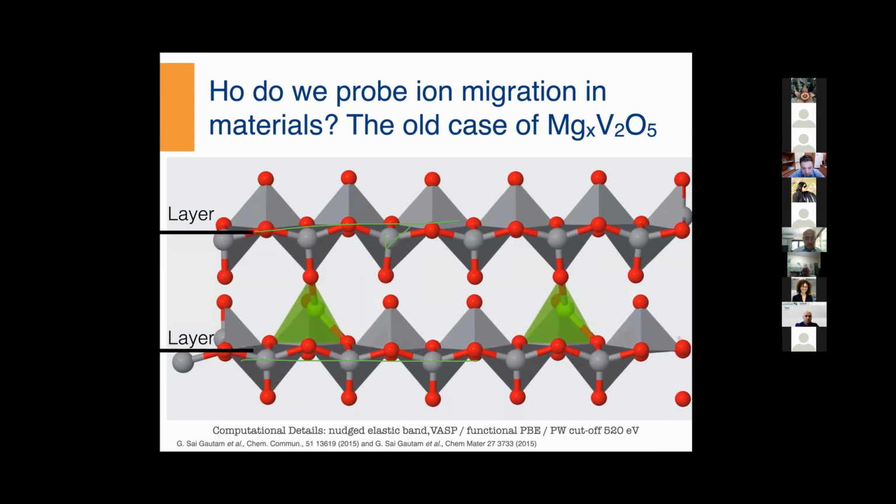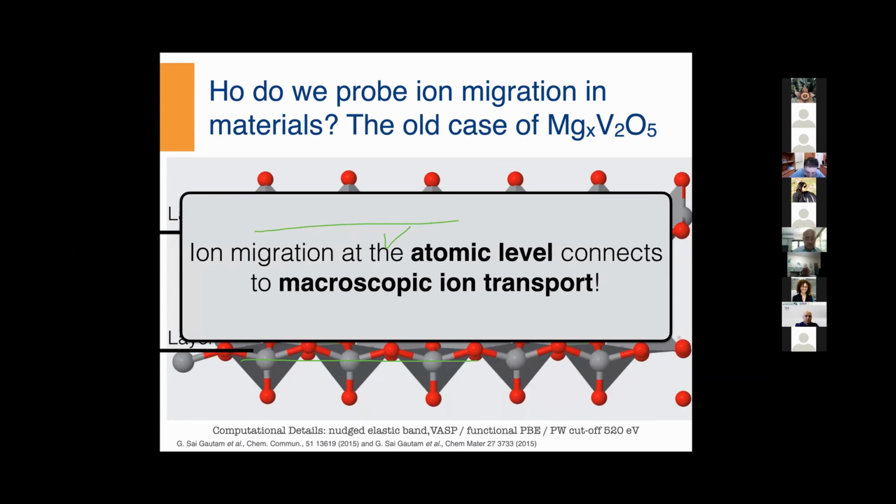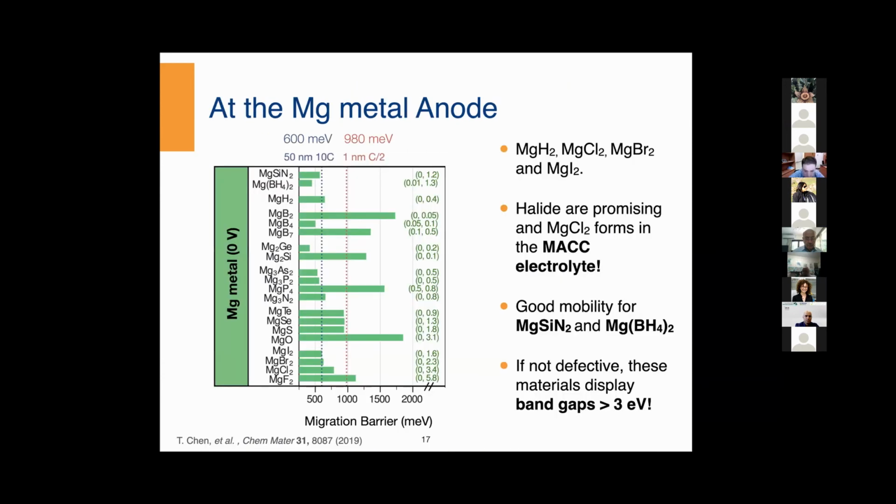And from this type of analysis, we can figure out the barrier for transport, the migration barrier, which relates to macroscopic quantities, right? If you were to do an impedance or some other transport measurement, for example, through solid state NMR, as we've seen a few talks ago.